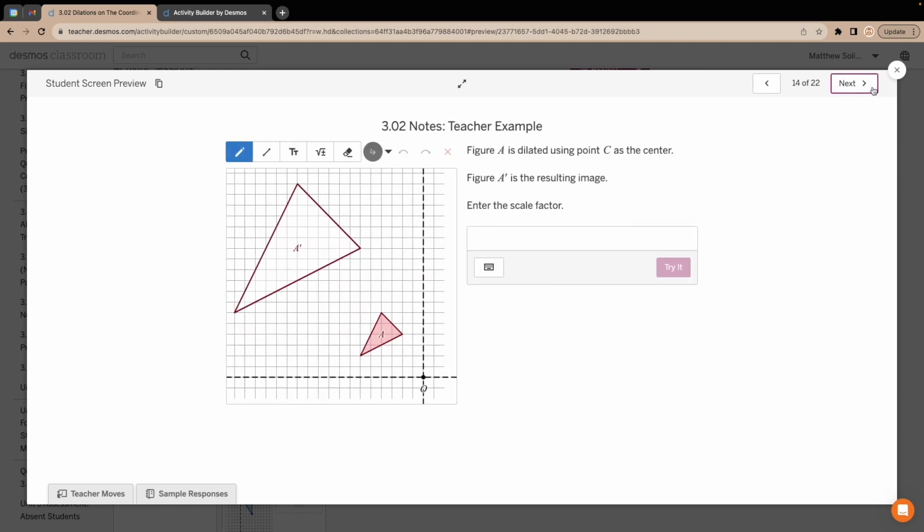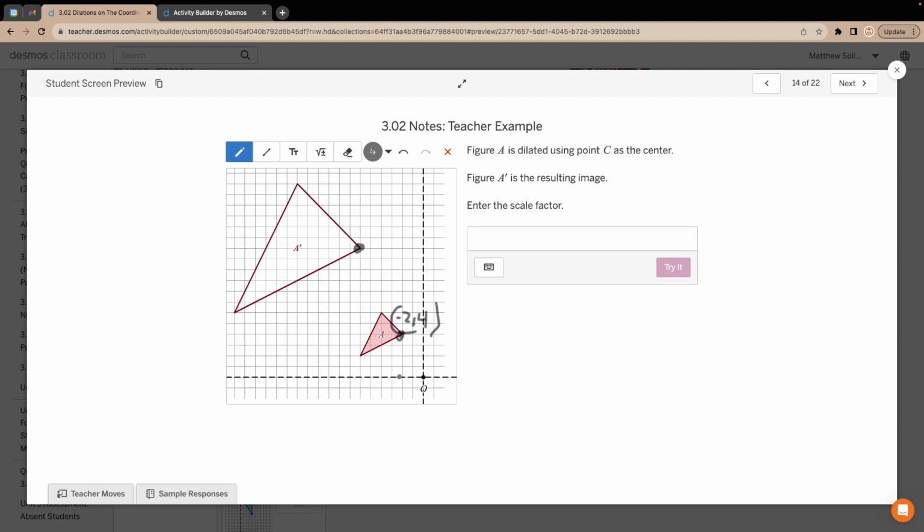Let's look at a teacher example here. Figure A is dilated using point C as the center. Enter the scale factor. Well, let's look at the coordinates here. If I look at this point, it's left 2, up 4. So that's the coordinates of that point. Let's figure out the coordinates of this point.